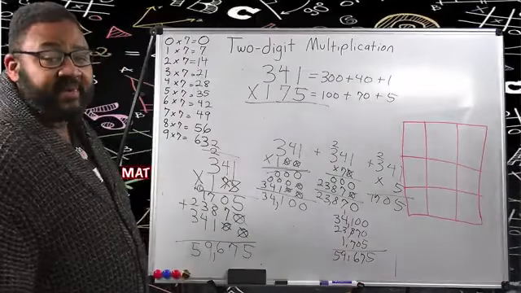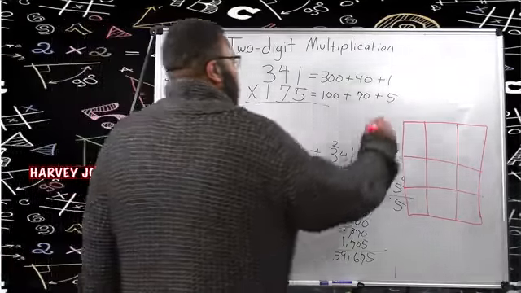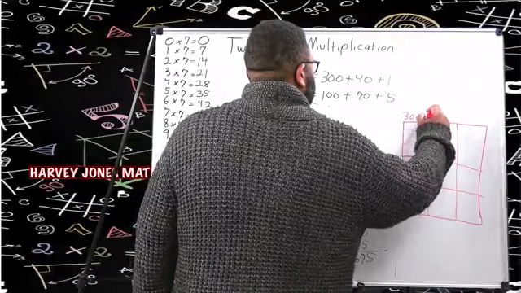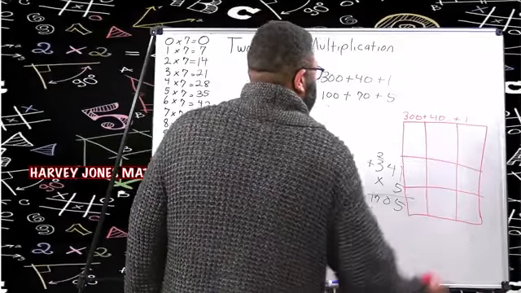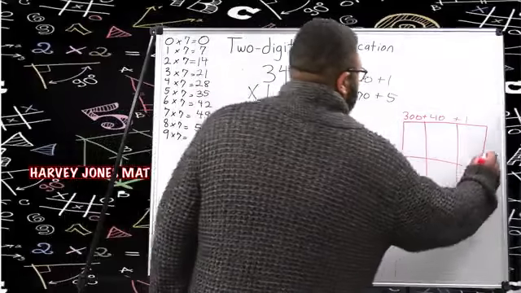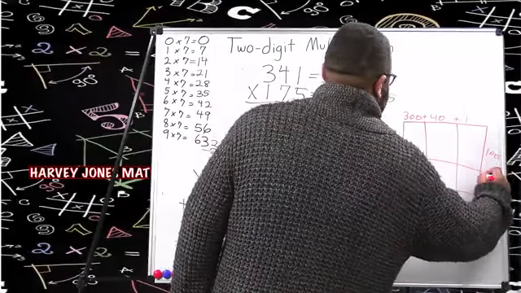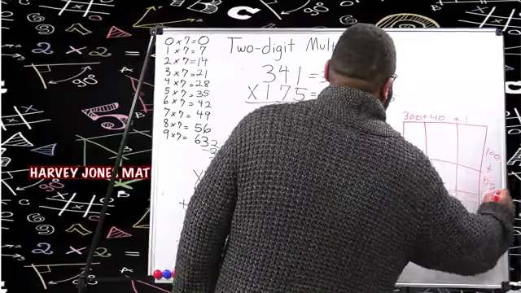And I'm going to put my expanded notation. 300 plus 40 plus 1. Over here, 100 plus 70 plus 5.